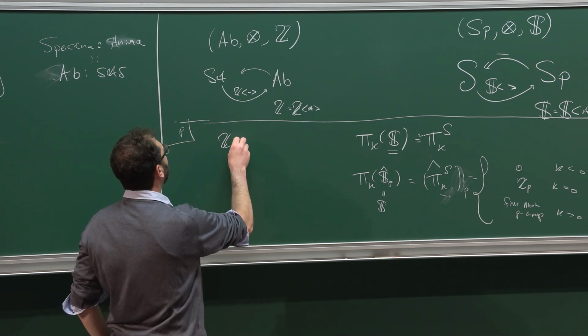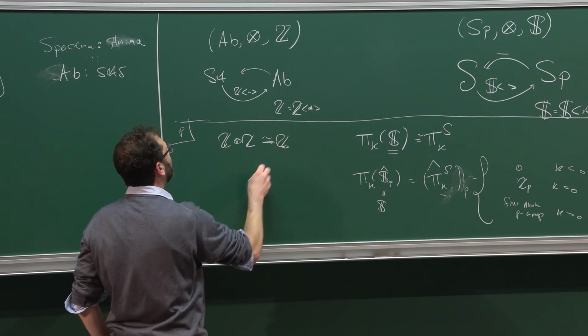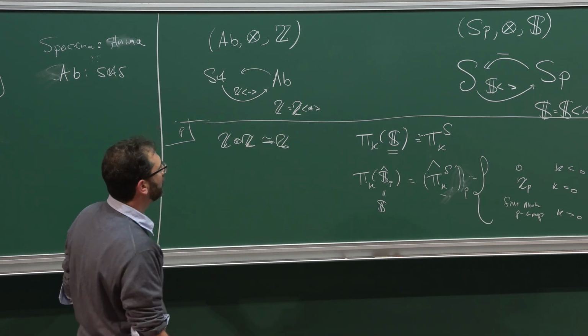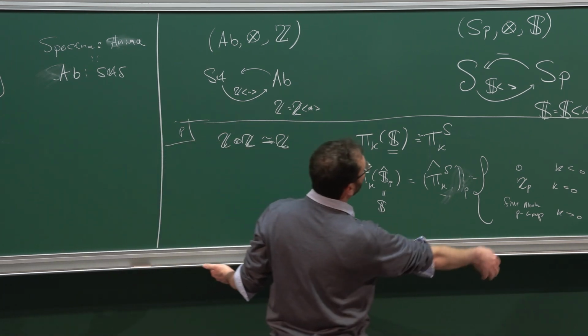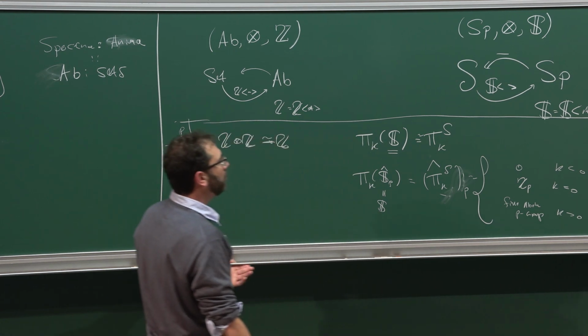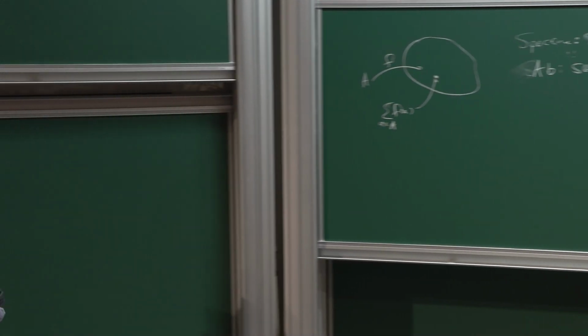Because there's an obvious multiplication map, for example, from Z tensor Z to Z. It's essentially the isomorphism that comes from the fact that it's the identity.